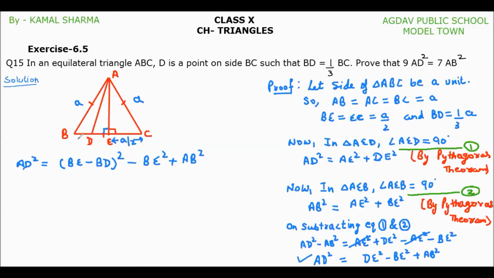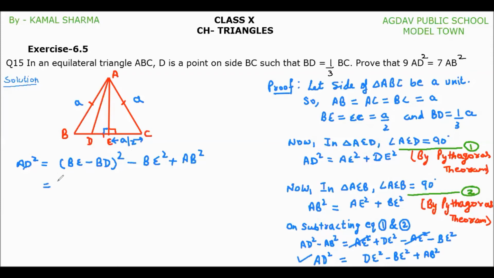I tell once again, if I remove BD from BE, what will I be left with? DE. So instead of this DE, I have split it and written BE minus BD, and the square sign, because the square was there, so this square will remain like this.